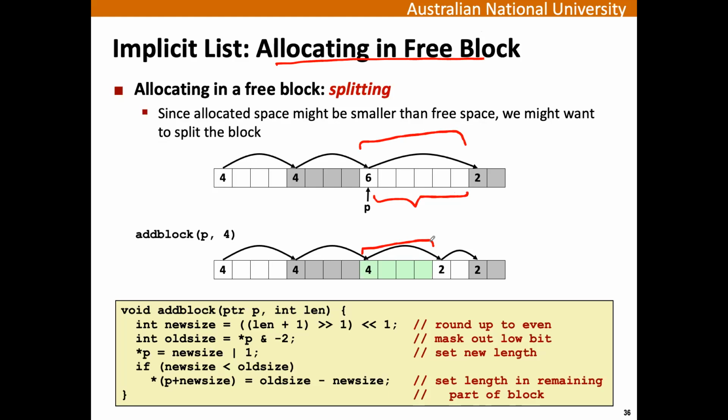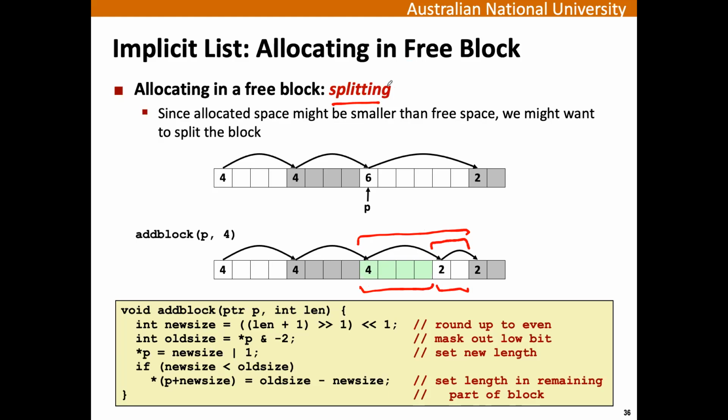So instead of giving the whole block to the user, we can create 2 blocks: one with 4 bytes, which we allocate for the user, and one with 2 bytes that is free. This is called splitting, and it is relevant when you're allocating a block. If the block is too big, you don't want to just waste the leftover bytes. You can create a new block.